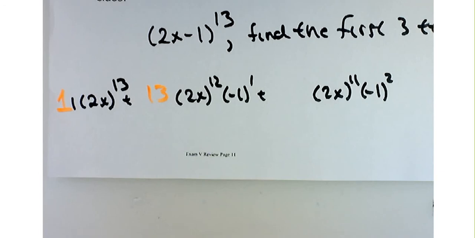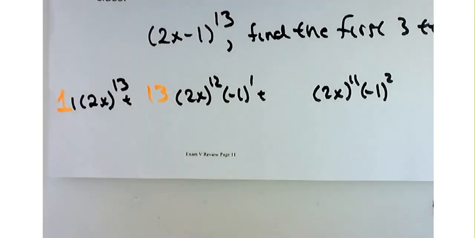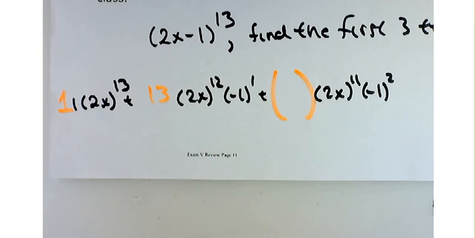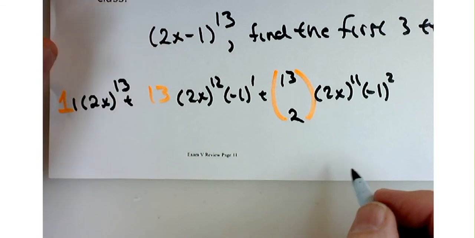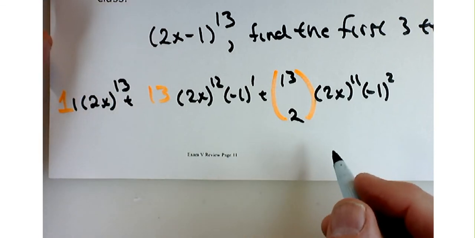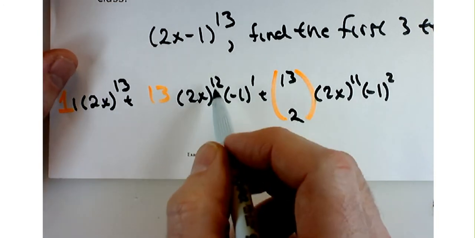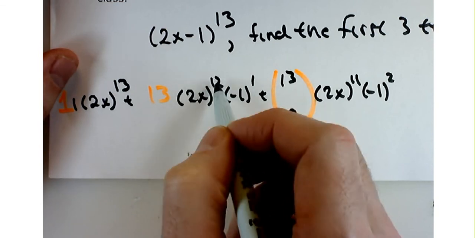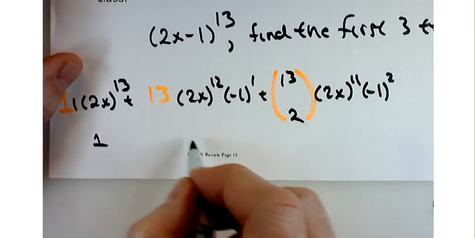And then last but not least, you can either do this as 13 choose 11, or excuse me, not 13 choose 11, 13 choose 2 will give you the right one, and that would be, I think, 78. Or you can work it this way. It's going to be this exponent, the exponent of your a term, times this coefficient divided by the fact that this is not the first term but the second term.